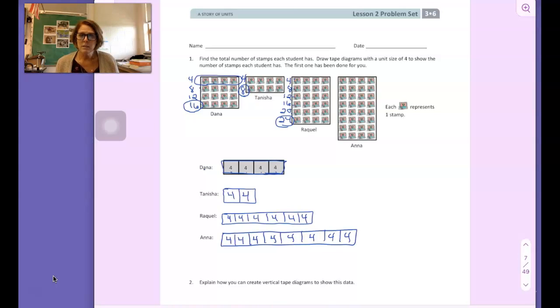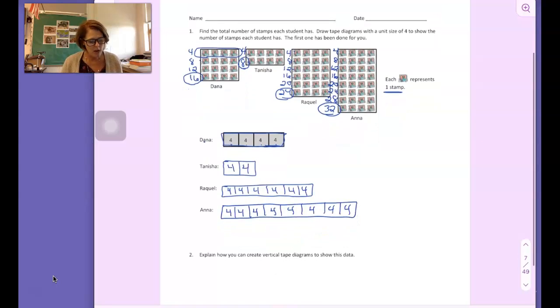Write your skip counts to find out how many stamps Anna has. 4, and so on. Anna has a total of 32 because each stamp represents 1 stamp. That's why we could use that. That's why we could do groups of 4.